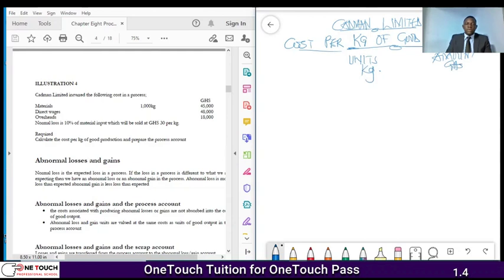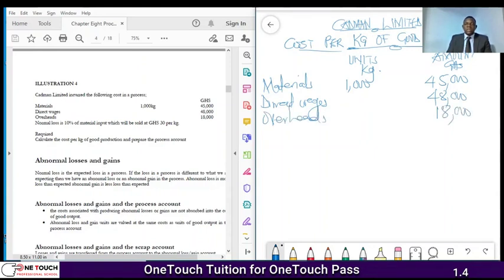We have materials into the process, which is 1,000 kg. The price of 45,000. We have direct wages of 48,000. We have overheads of 18,000. Good.